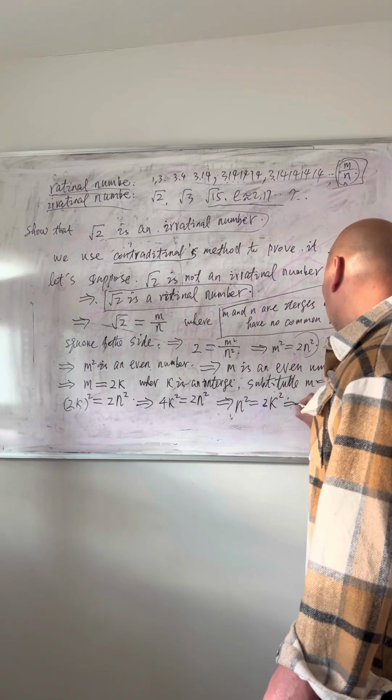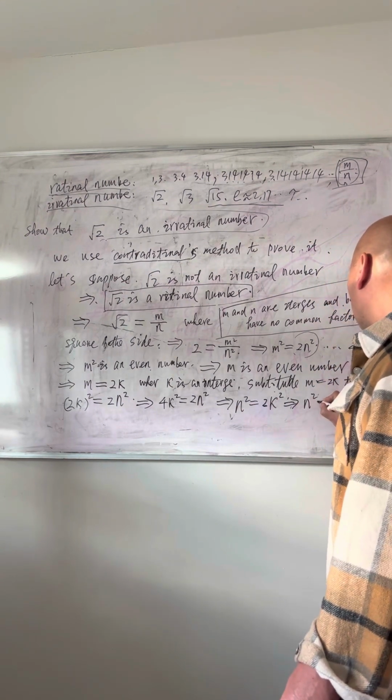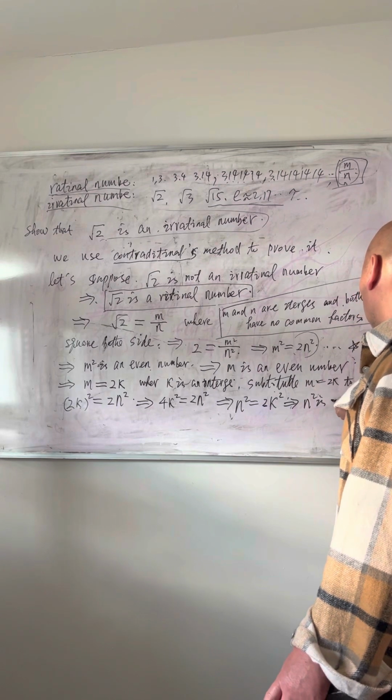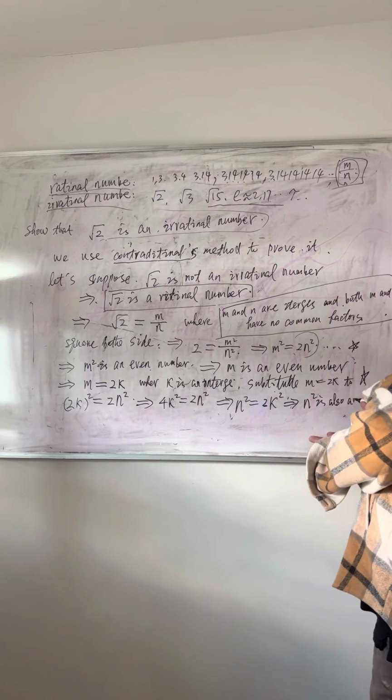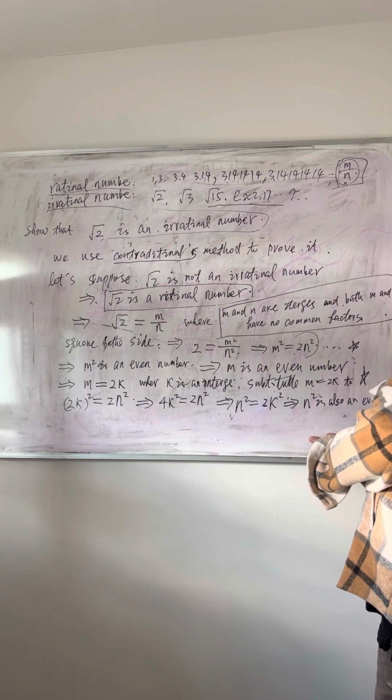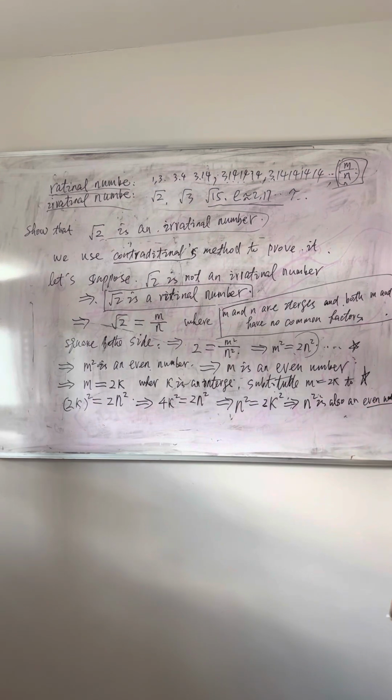Then we get n squared is also an even number.